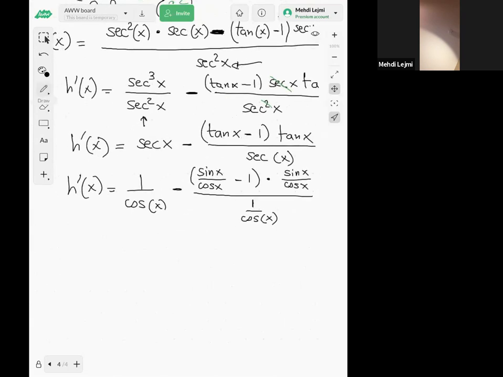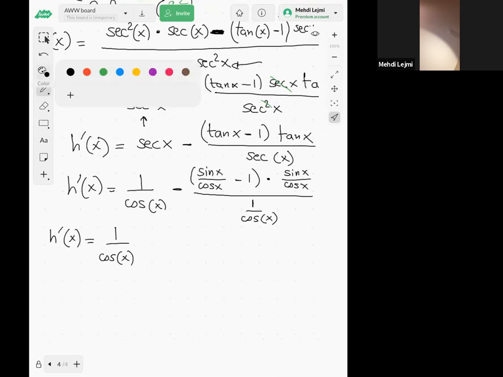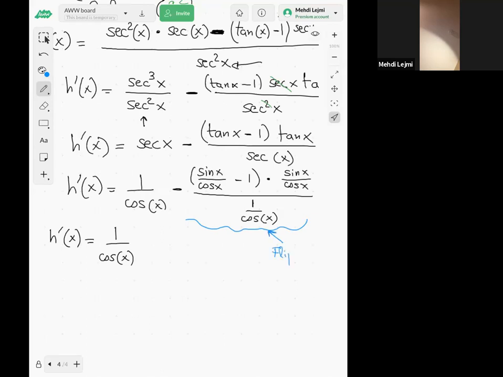So then h prime of x is going to be 1 over cosine of x. And here, you see, I can divide by 1 over cosine. When you divide by a fraction, you flip the fraction in the denominator.